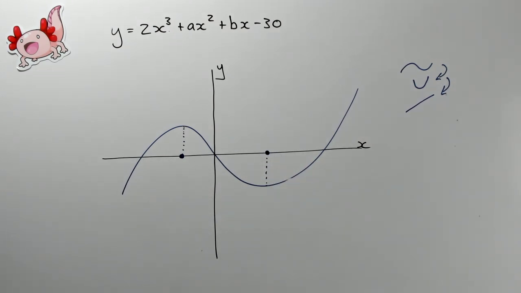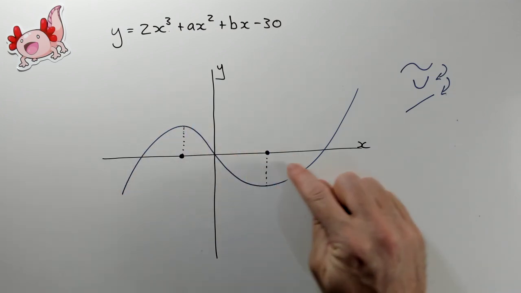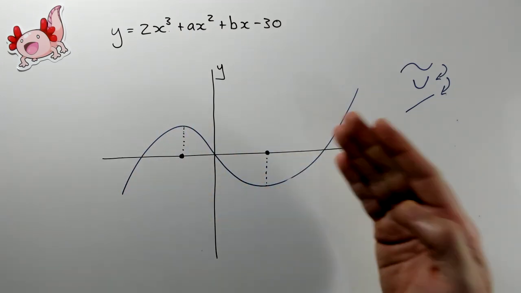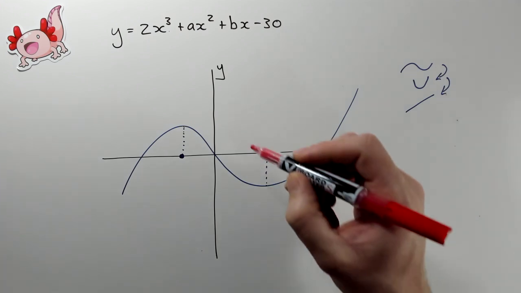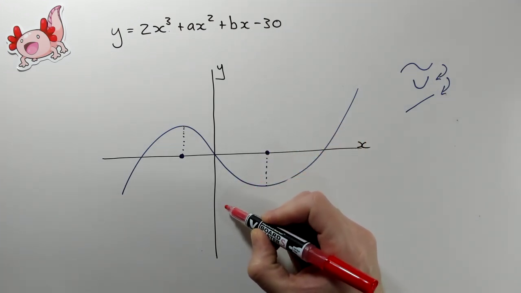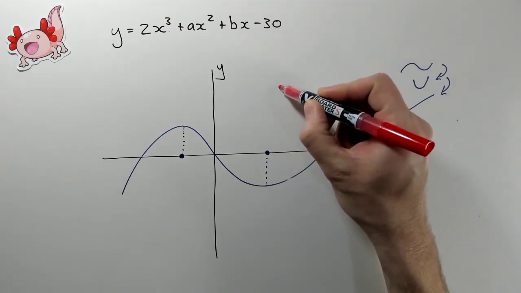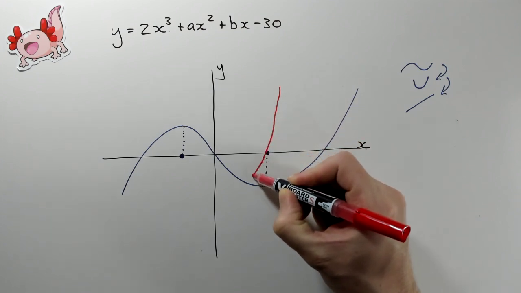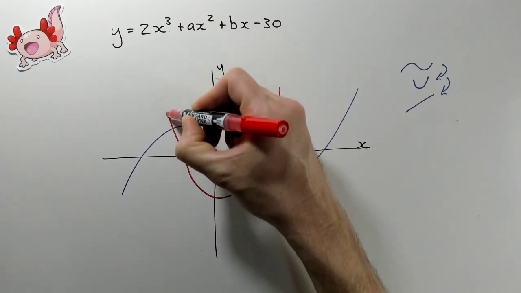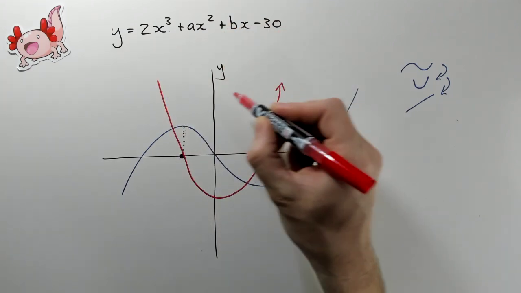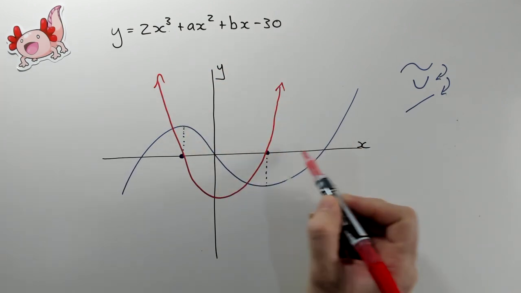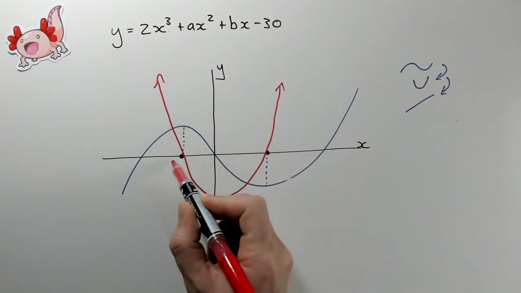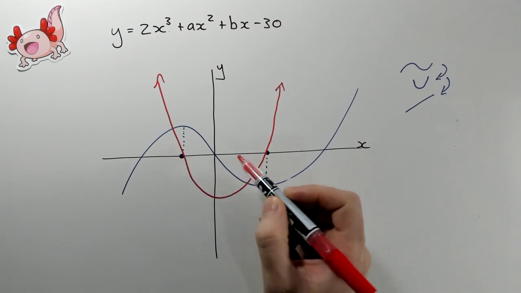And if I were to derive this function and draw the derivative function, I'm going to do it in red, it's going to form a parabola, and it'll actually intercept the x-axis at these two places.